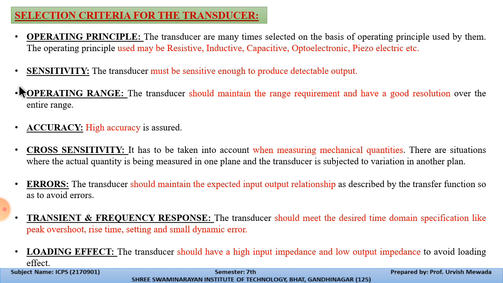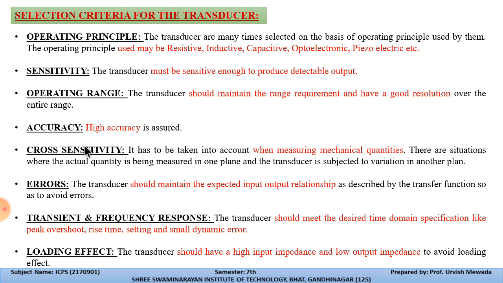The transducer should meet the range requirement and have a good resolution, meaning the output can be easily measured or checked if the resolution of the device is good. Operating range means we should select an appropriate transducer for the appropriate range of measurement.